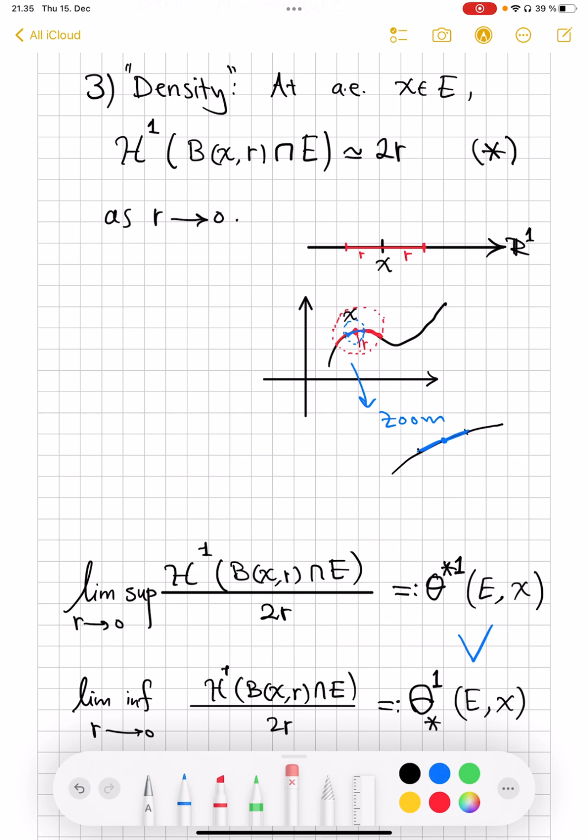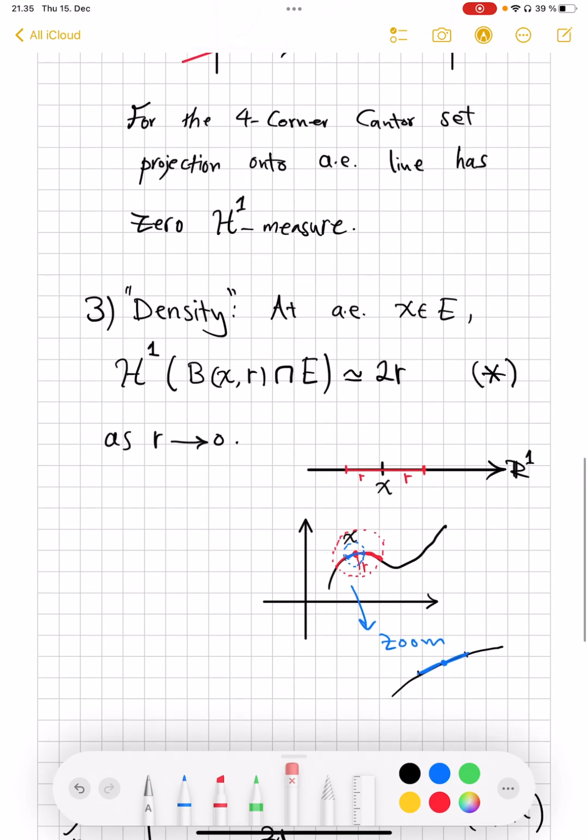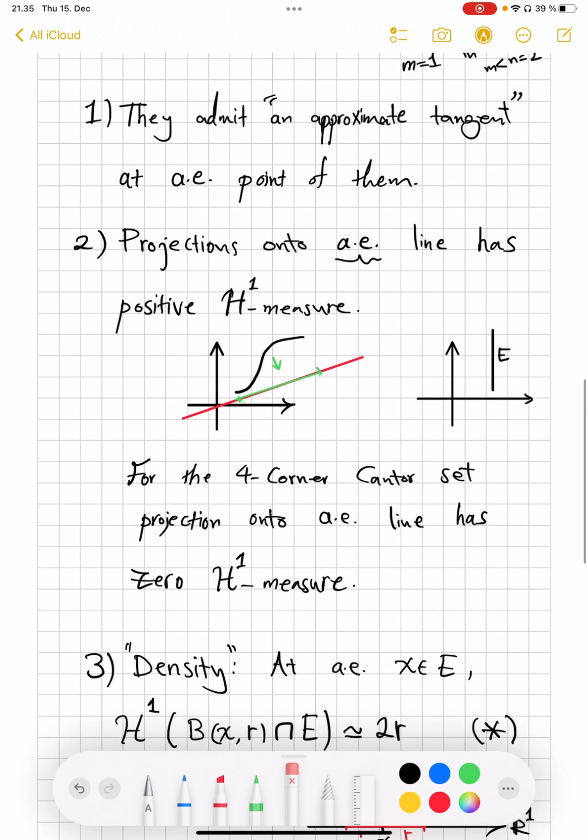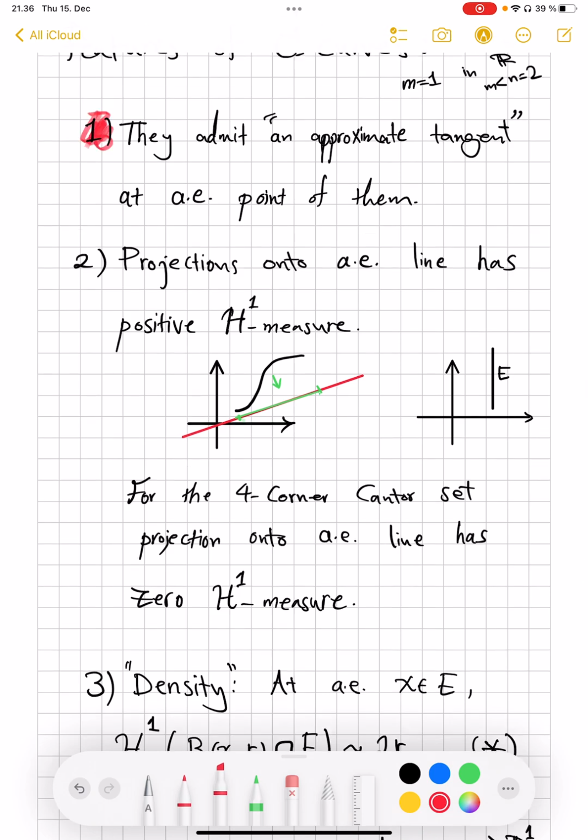Okay, how am I so certain about this claim about the four-corner Cantor set, even though I have not really computed that density? The reason is that one of the deeper theorems, the more surprising facts about rectifiable sets, is that each and every one of these conditions, 1, 2, and 3, has a converse.